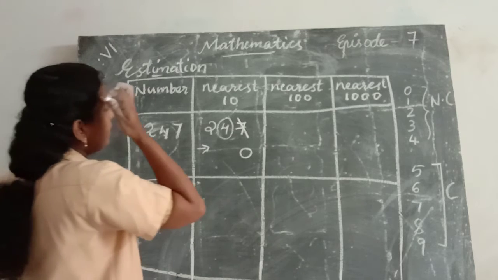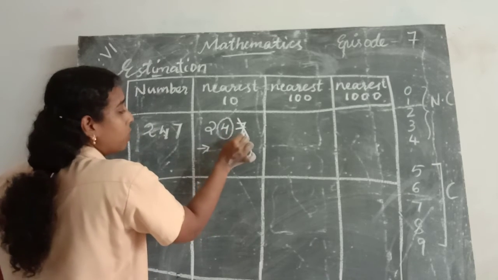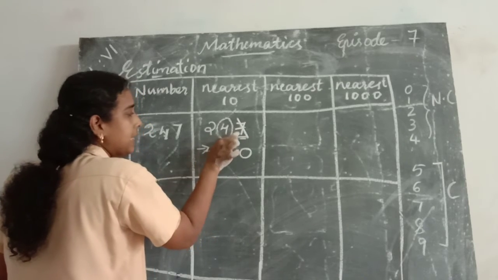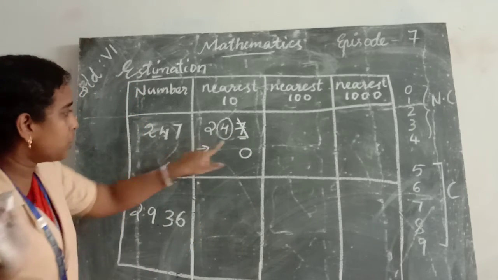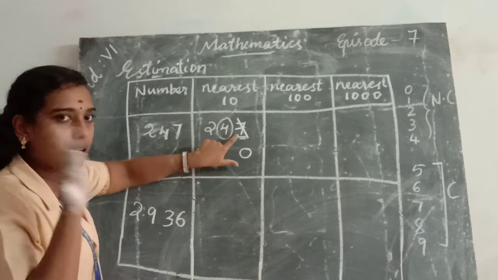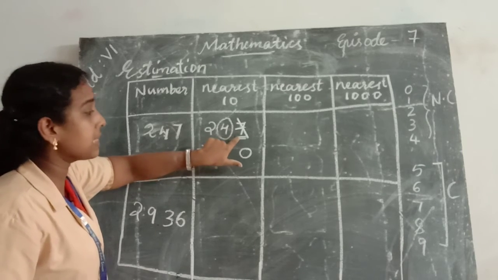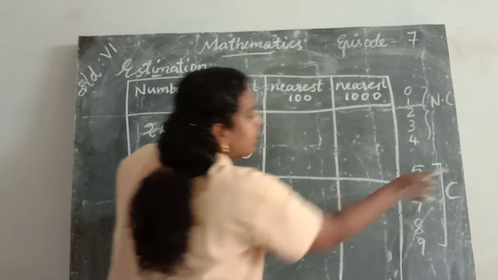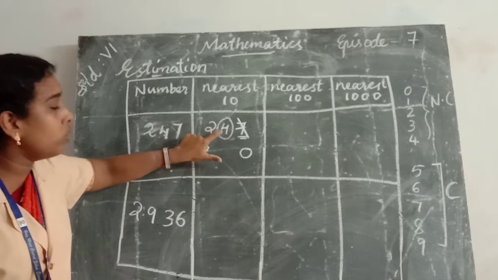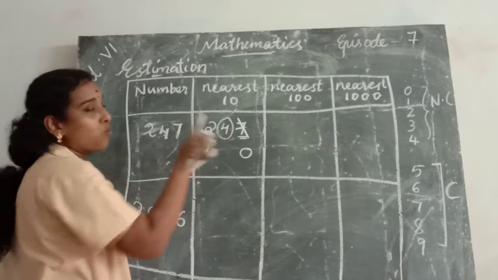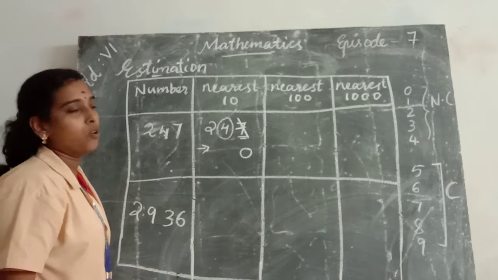Let us see. Here, the digit that comes just before the rounded digit is 7. If the digit is 7, then there is a change in the rounded digit, which means we add 1 to the rounded figure.